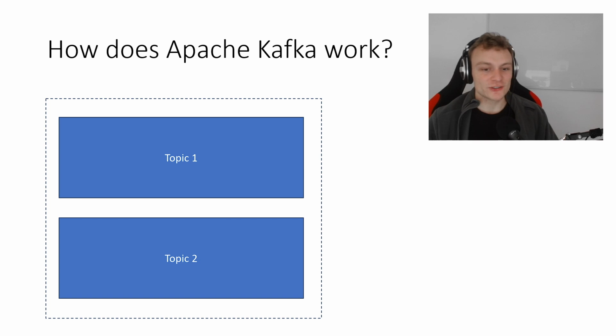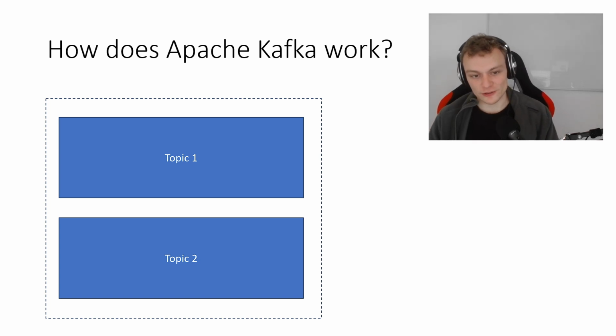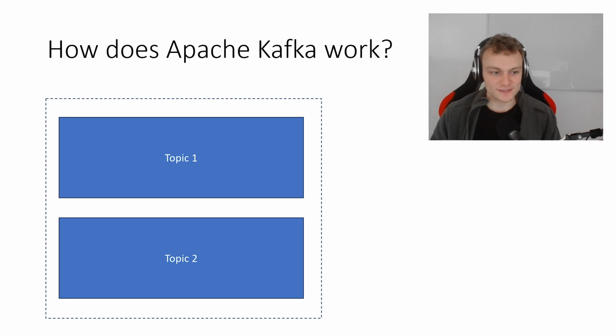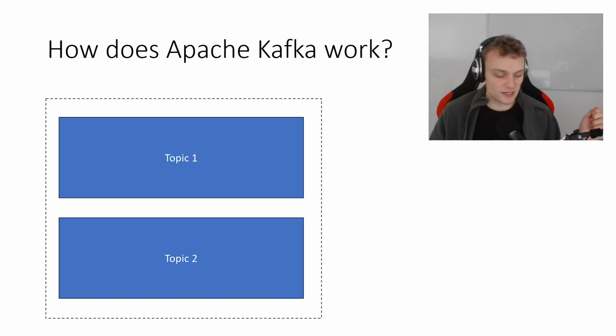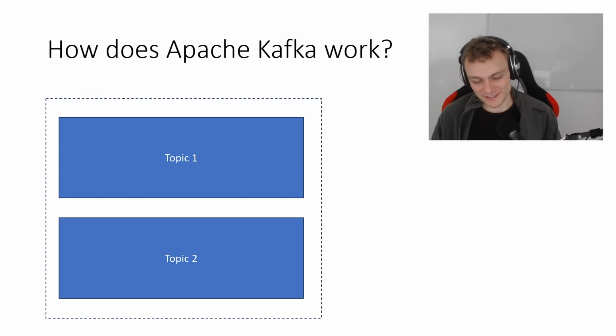We already had a look at the analogy of drawers, separate drawers, and this analogy applies well here as well. Each drawer you can think of as a topic. You can't just throw bananas and documents and fuel and letters into the same drawer. It has to be separated out to organize things. And this is what topics are for.